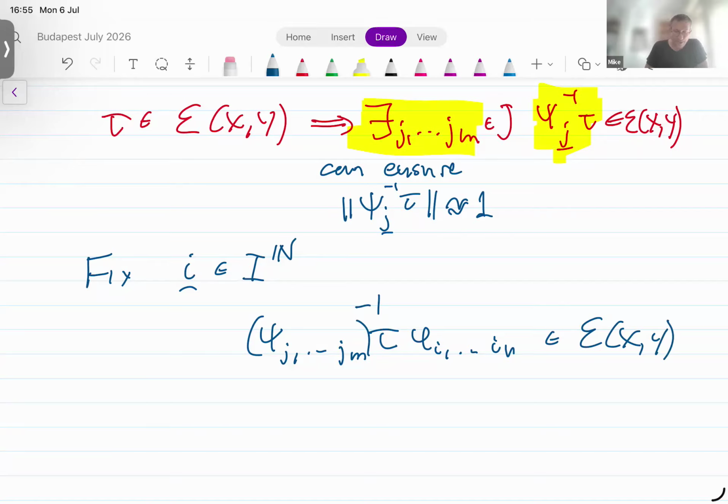I'll emphasize again that the j's depend on I1 up to In, but it's not very hard to see that the length of the j's will grow linearly. And as I said, we can arrange it so that the contraction ratio of this composition of affine maps is of order 1.